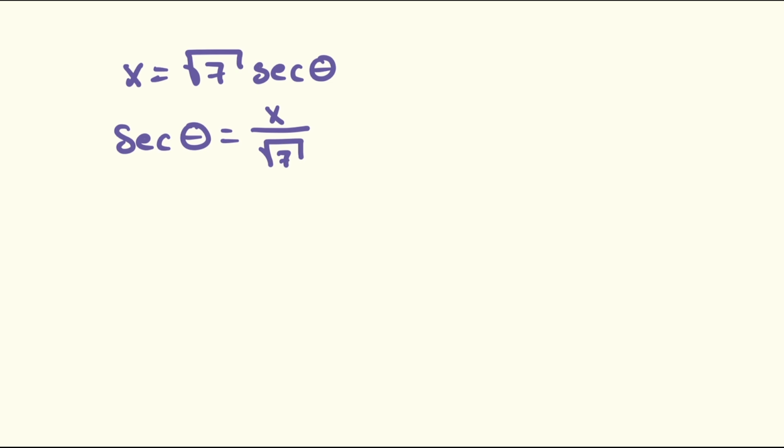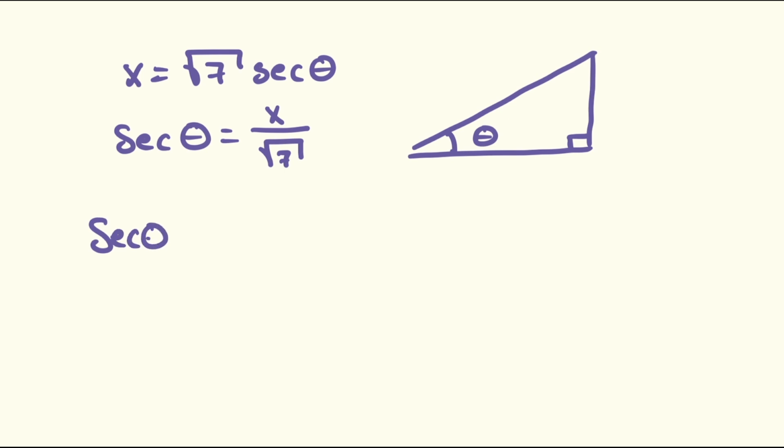And it is a trig substitution, so we will pull in a triangle. We're going to put a little theta in here. Secant of theta is the same thing as 1 over cosine of theta, and I'm writing it this way because most students don't memorize what secant theta is in terms of our triangle, and I don't either.